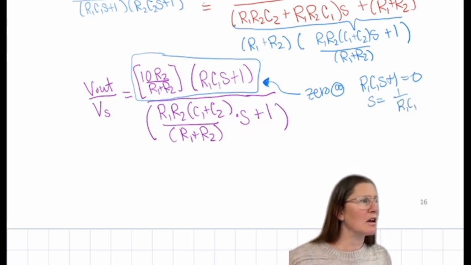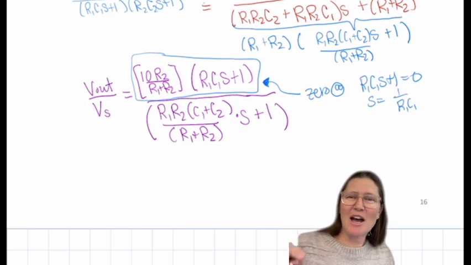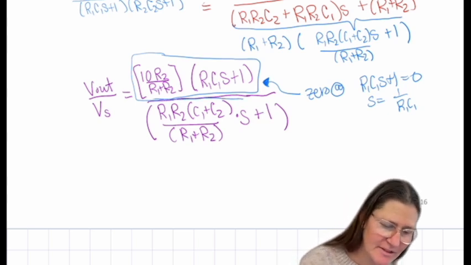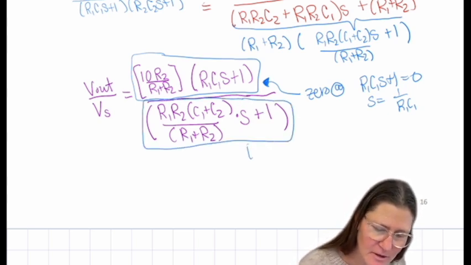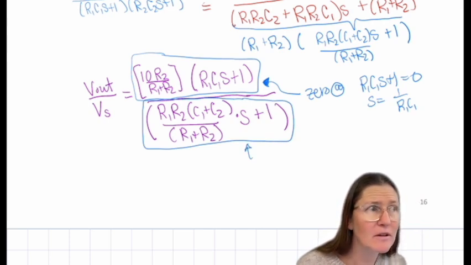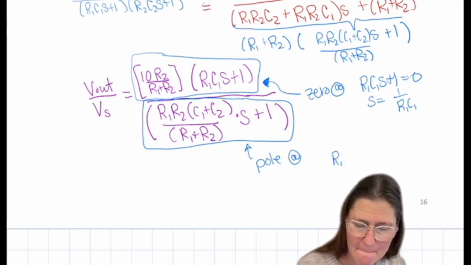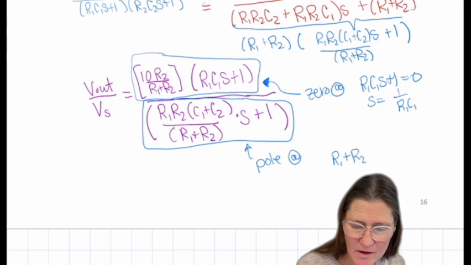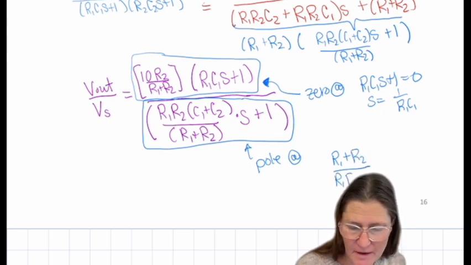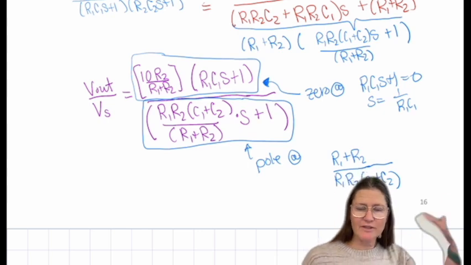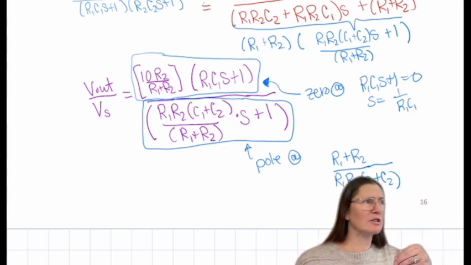So this would be a 0 at 1 over R1C1. What does this mean down here? R1 plus R2 over R1 times R2 times C1 plus C2. Yep. So I have a 0 at one location and a pole at another location.